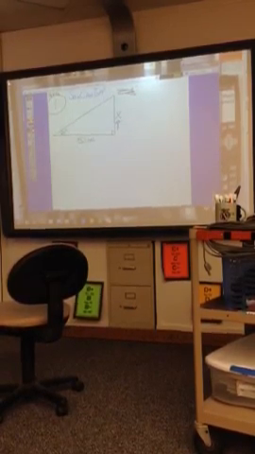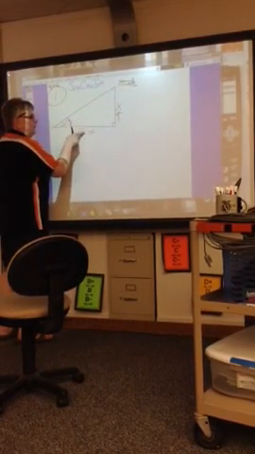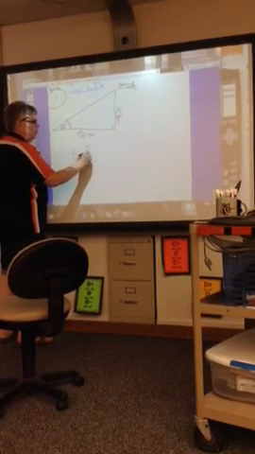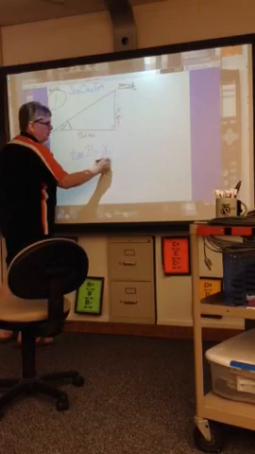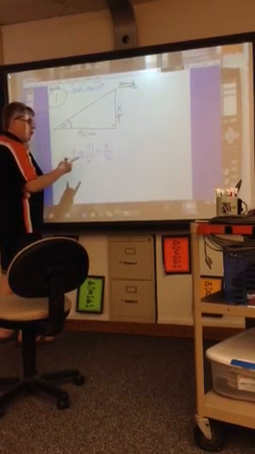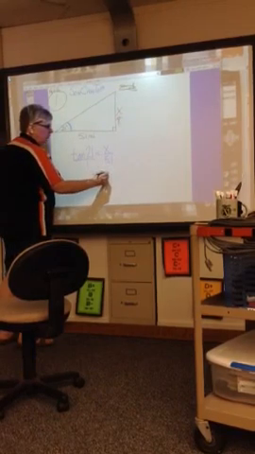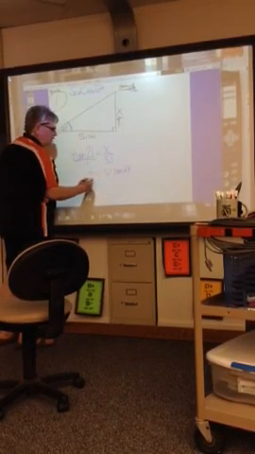If you know where the angle is, and that's important, this side is the opposite, this one's adjacent. So you're gonna write your equation, tangent 21 is equal to x over 5.1. This is a proportion, you cross multiply, you're gonna get x equals 5.1 times the tangent of 21.